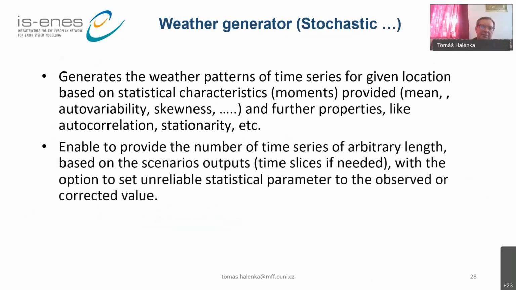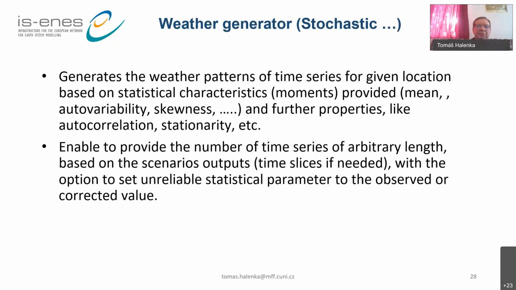And that's basically the last slide of information. The weather generator is quite a popular technique sometimes, while bias correction methods are pretty easy to use for climate characteristics like monthly or long-term averages.